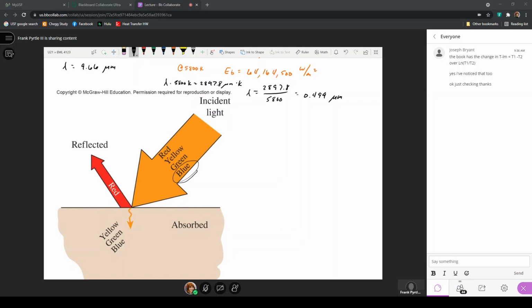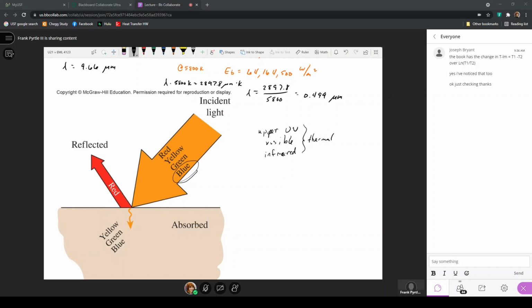So depending on the type of surface, when I have irradiation from a source that could be all of the thermal radiation range, it could include the upper UV, it can include visible, and it can include infrared, which is all of the thermal radiation.